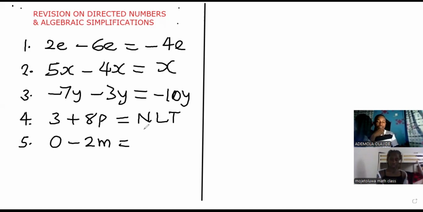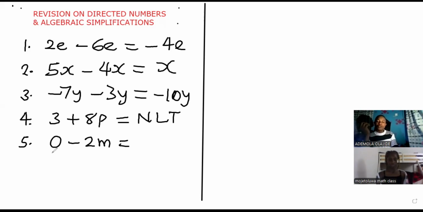No. For this one, 0 is special. There's nothing like 0m in the first place. Therefore, you see this one as if you don't have anything, but you are owing 2m. This one here, you have 3 and you now have 8p, but the kind you have here is different from the kind you have here. You can't put them together. So that is why we say not like terms.